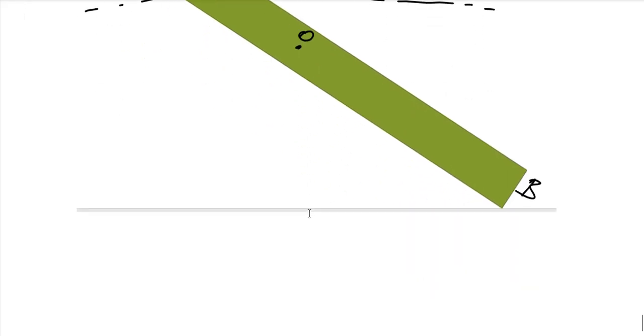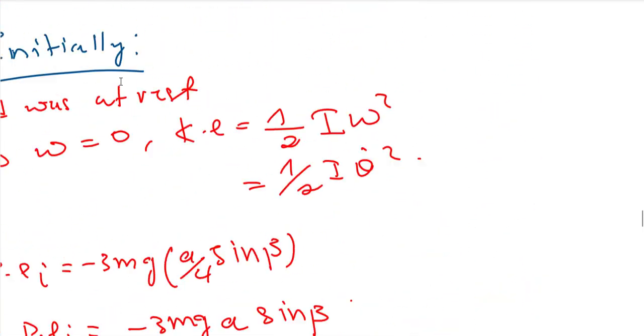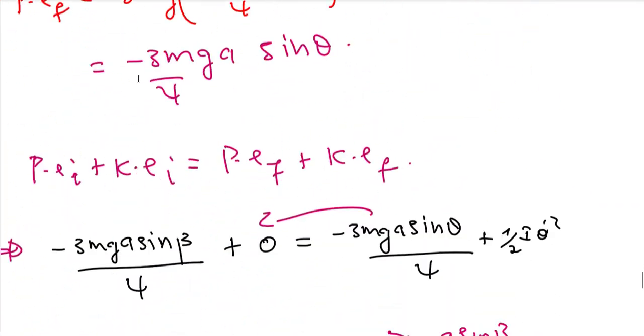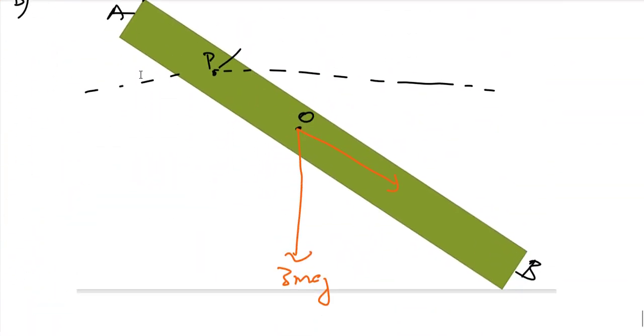So at this stage we had the weight W, which was 3mg, and we had this component, 3mg sine theta, after equilibrium was distorted. Here we have 3mg sine theta, and this way we have 3mg cos theta.